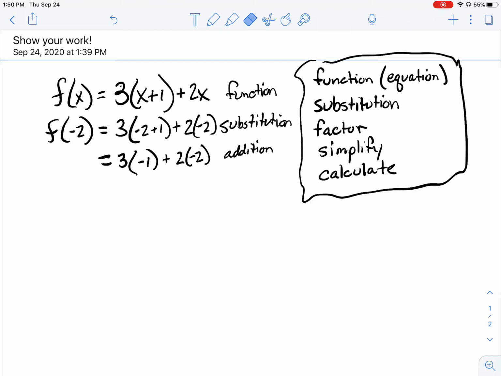And then I'm going to do -3. I do a step of multiplication. Oop, I'm hitting myself. Do another step of multiplication.